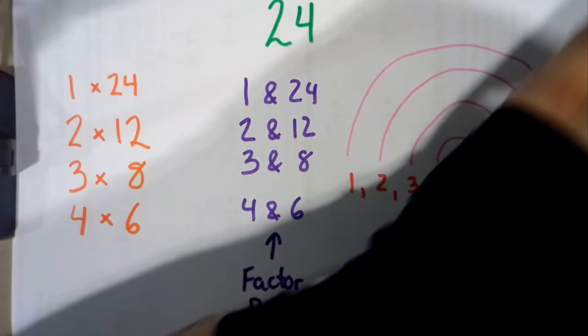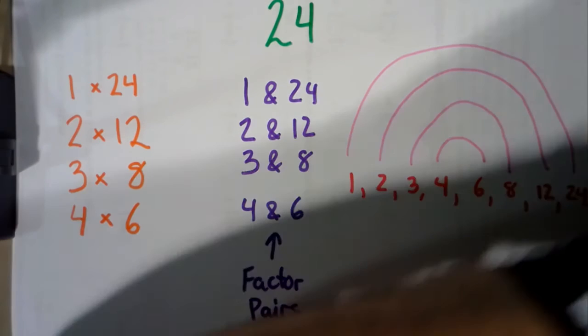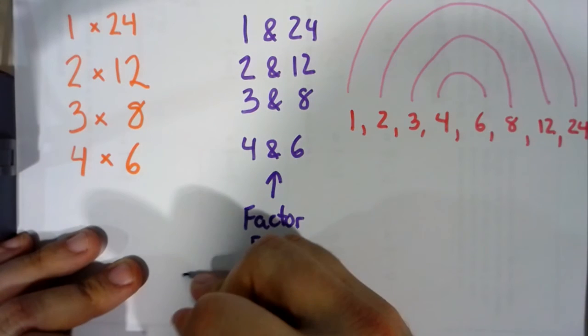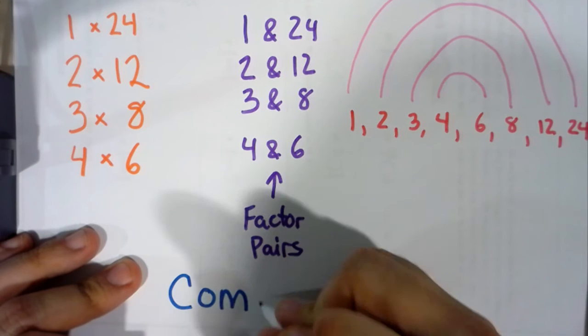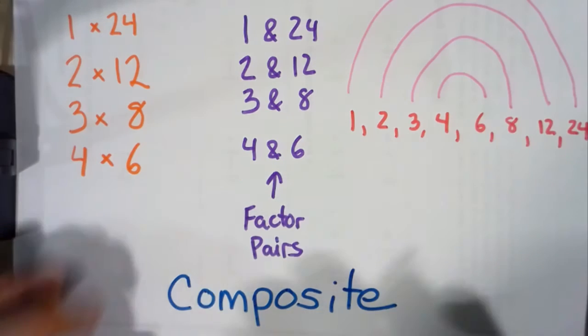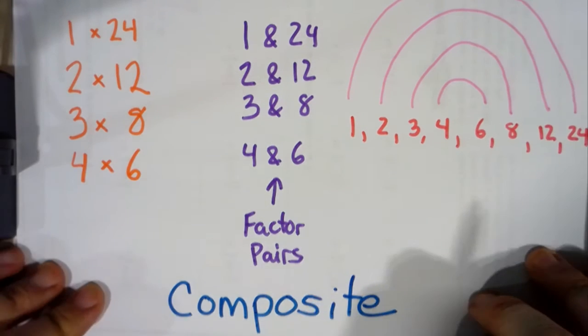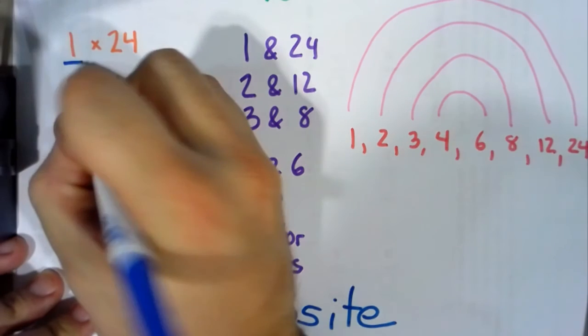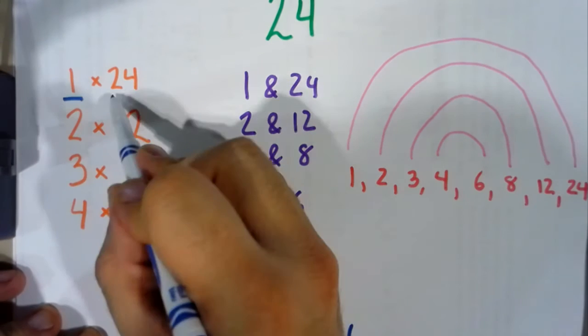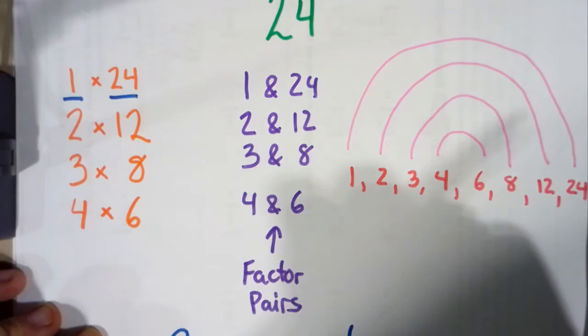24 is a number that we would call a composite number. And what that means is that it has plenty of different factors. 24 is composite. All numbers have as factors the numbers 1 and itself. So since we're working with the number 24, 1 times 24. 1 and 24 are factors.